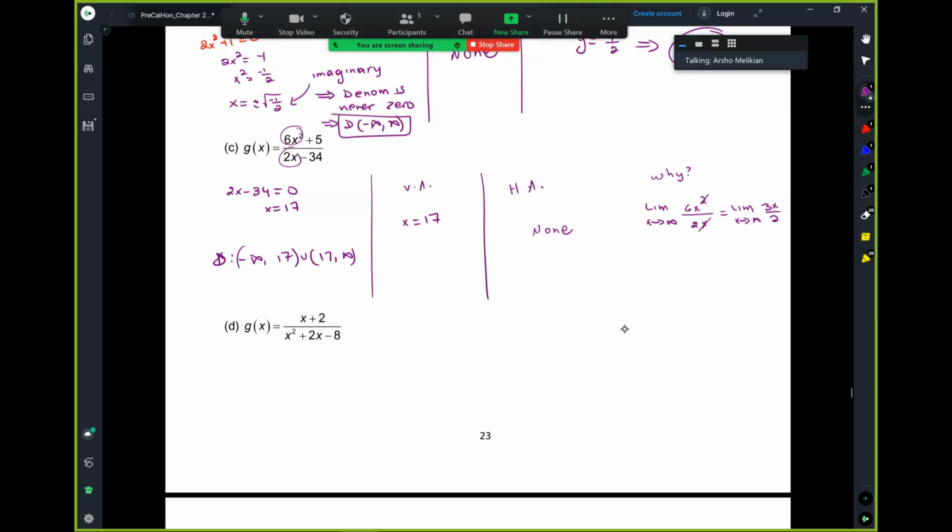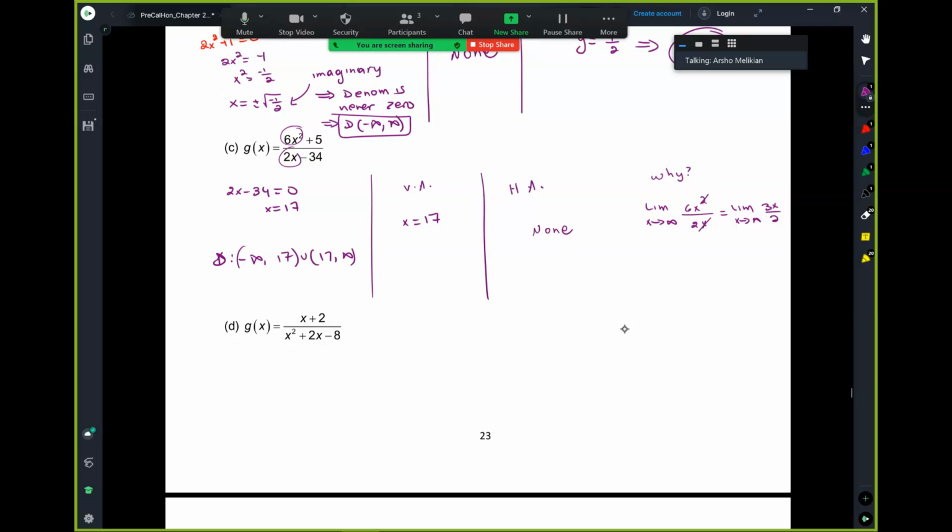What happens when x is infinitely large? What happens to the y value? If you have 3x over 2 and x is infinitely large, how much is it? It's infinitely large, right? So that means it's just going up to infinity. It's never leveling off at a horizontal. It is 3x, but remember, we're looking at when x becomes infinitely large.